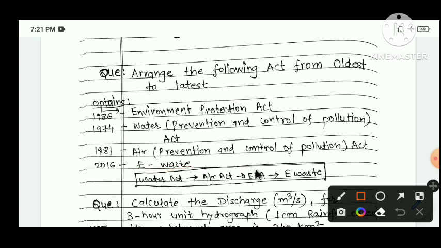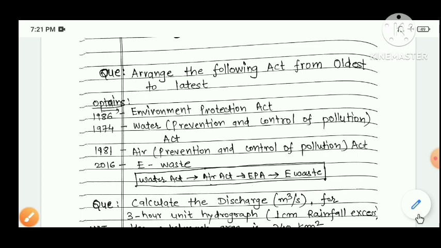Here you can see the correct sequence. The very first one will be the Water Act, then comes Air, then Environment Protection Act, and the last one will be e-waste. So this is the correct sequence.